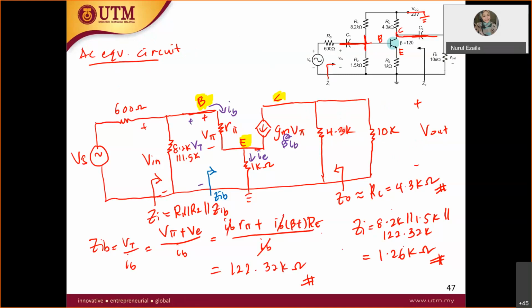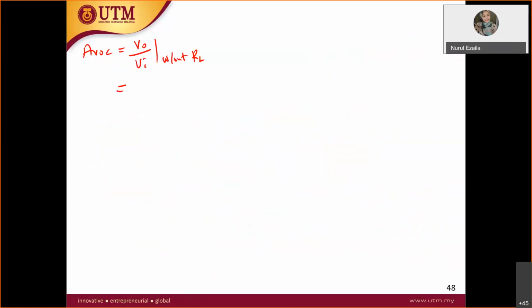Current times resistor, right? The resistor involved is only 4.3K. So what will be the current here? Negative gm V pi. Yes, negative gm V pi. So you have Vout equal to negative gm V pi times only RC, because this is AvOC.